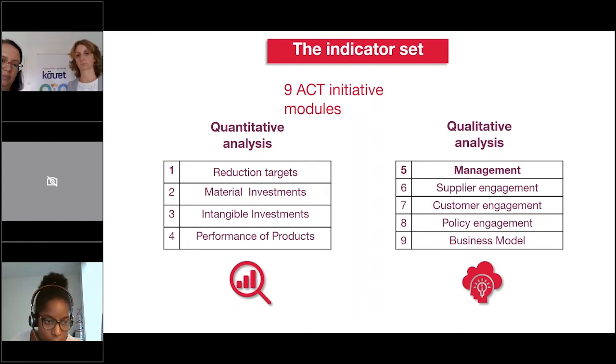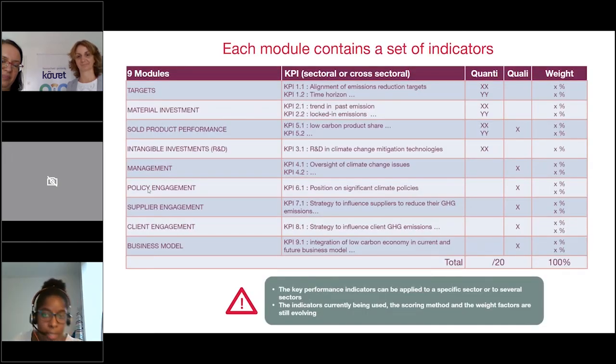So time is running. I will go quickly through the final slides. Each module contains a set of indicators from 1 to 6 developed for specific sectors.